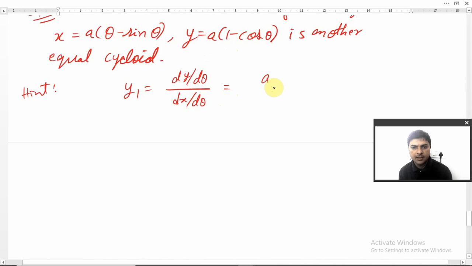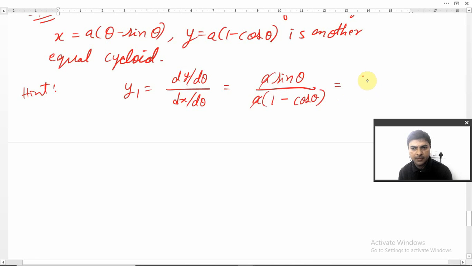So directly I will write a sin theta divided by dx by d theta. Differentiate this, x is equal to a theta minus sin theta. A is constant, so I will take a as it is. Differentiation of theta is 1 minus differentiation of sin theta is cos theta. So a will get cancelled, and then you can simplify this one.